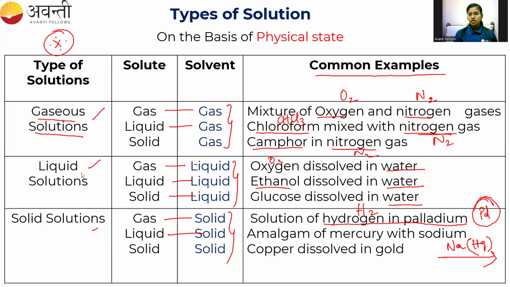Okay. Sodium is a metal, so it is a solid. And this mercury is actually represented by Hg. It is the liquid metal. Mercury is the only liquid metal. So have you ever seen mercury anywhere? Has anyone seen mercury in any of the places where you used to go?